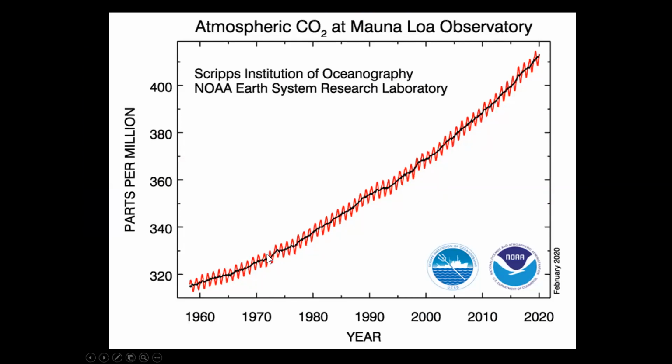In the red, you can see different ups and downs that represent the seasonality of the planet between the southern and northern atmosphere. So there has been a lot of concern about the consequences of these increases of carbon dioxide on the ecosystems.